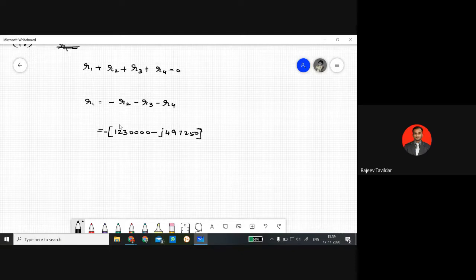So this is our R2 term. Similarly, minus R3 term. So I think it is 3.2 into 10 raised to 6 as the real term, minus j into 1.82 into 10 raised to 6, minus R4 term.